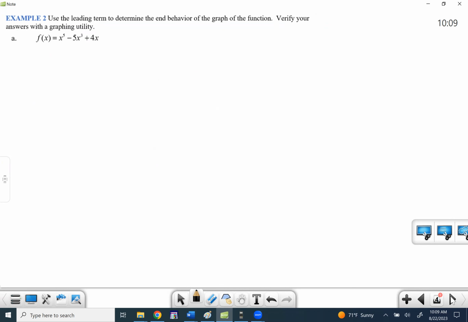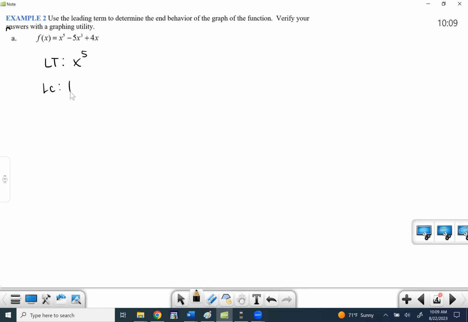Example 2: use the leading term to determine the end behavior of the graph of the function. Verify your answers with a graphing utility. Okay, so let's go ahead and figure out what the leading term is. This one is written from highest exponent to lowest, so that front term is our leading term. The leading coefficient is the number out front.